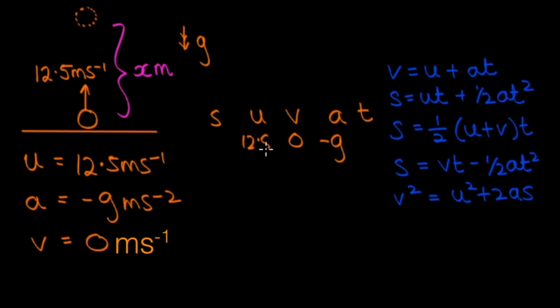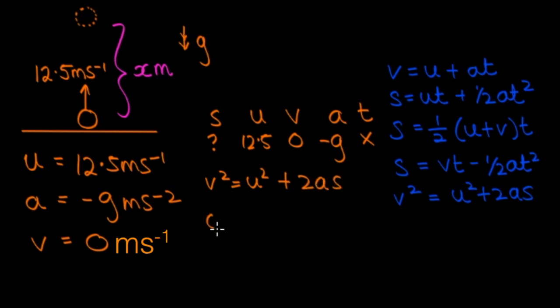We're trying to find the displacement above the ground. So let's put a question mark below S. And we're not interested in finding t. So the equation that we're going to use is going to be the equation that doesn't involve t. So we're going to be using the last equation, v squared equals u squared plus 2as.